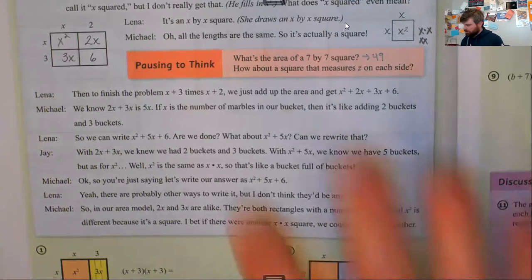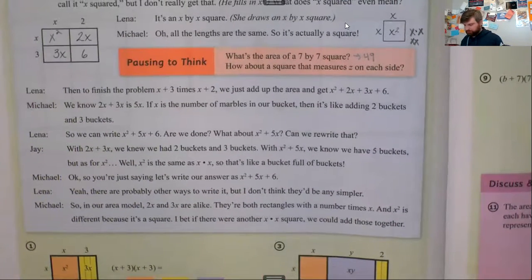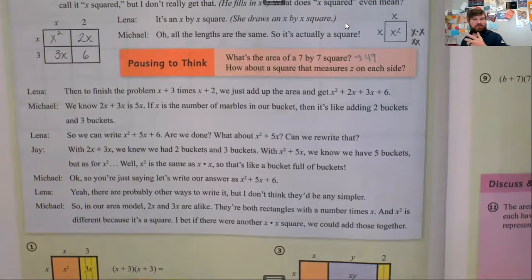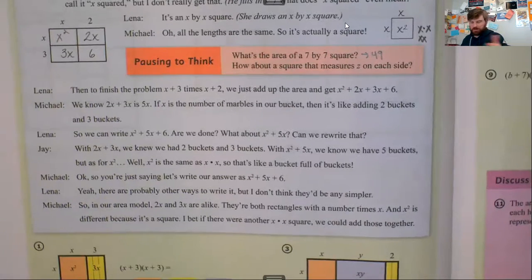What we're going to look at now, and what we looked at a little bit in the last section, were little tiles called algebra tiles. They have a different shape for the x squared versus the x terms. The x squared is actually a square, and you can't add that to another rectangle. It'd be like adding apples and oranges. You can't add those together unless you change the label.